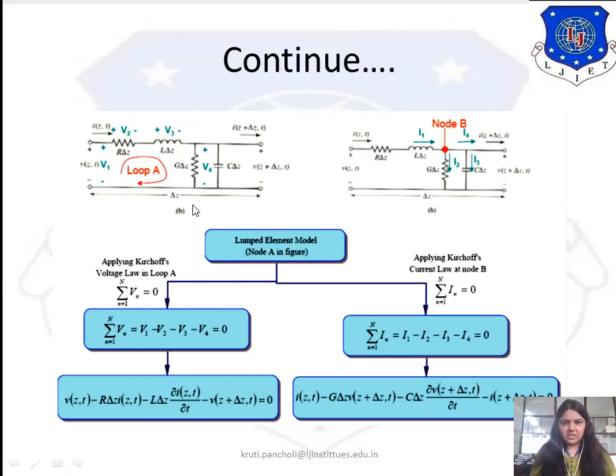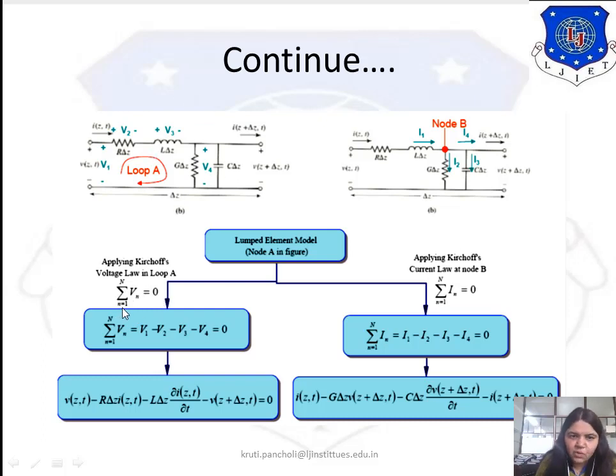It consists of all the lumped elements, and this is nothing but the lumped element model for the transmission line. I am applying the KVL for this particular loop, and we know that the summation of the voltage is equal to 0.